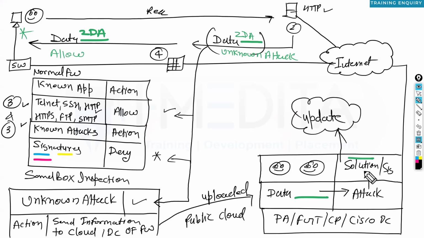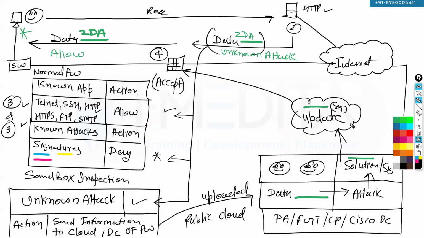Done. After generating the solution, that solution will be encapsulated or crafted as an update, and that update will be delivered to your firewall. Now the firewall will accept this update as well as this signature, which belongs to a known attack. In this way, the firewall will now accept this update and block the attack.